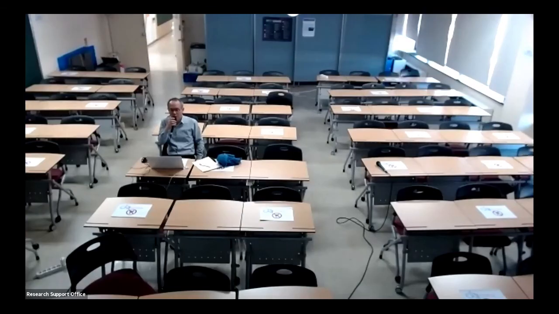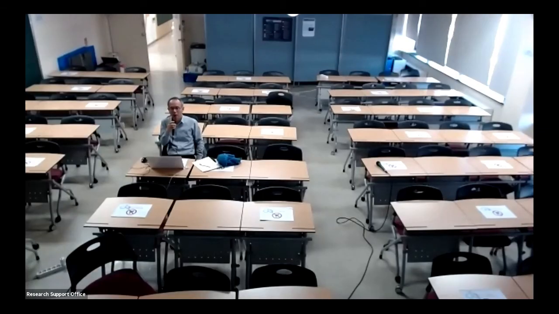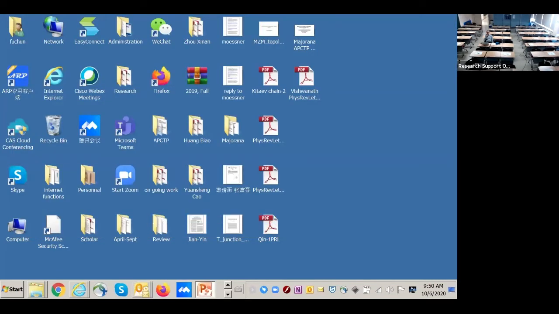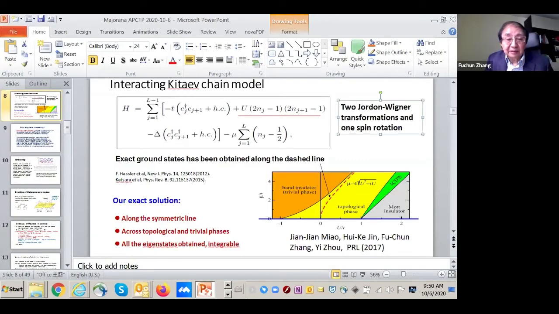No, in the middle, there is a share screen. Yes, share screen. Okay, I found it. So can you see this?